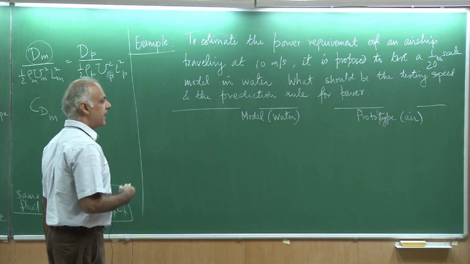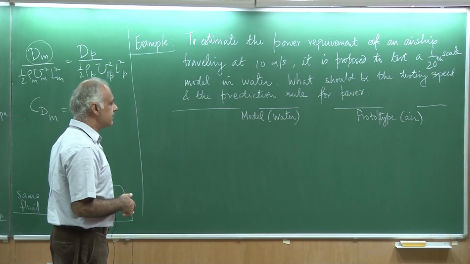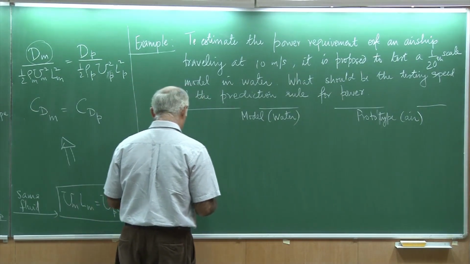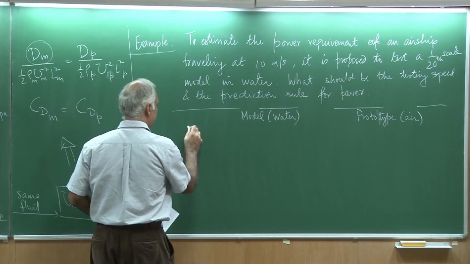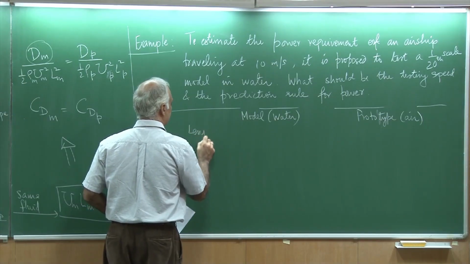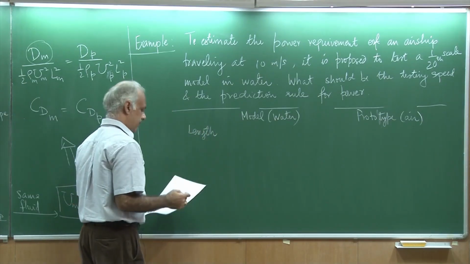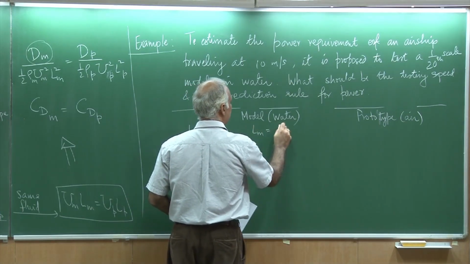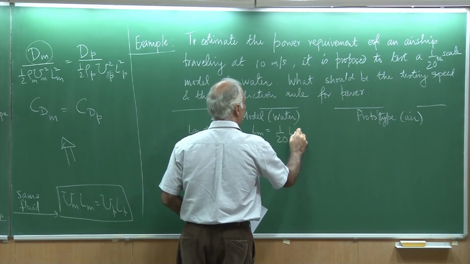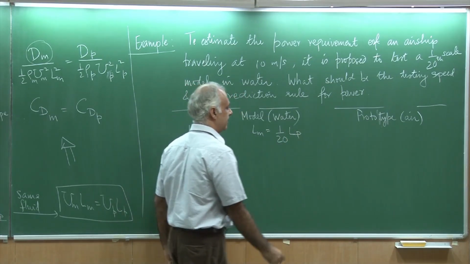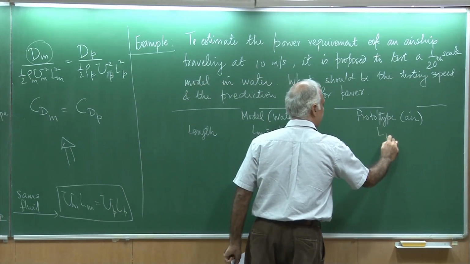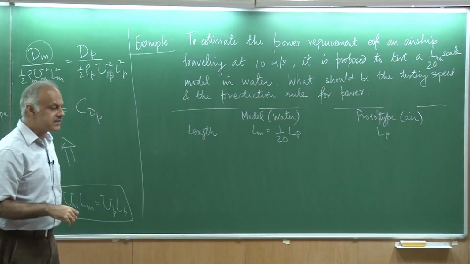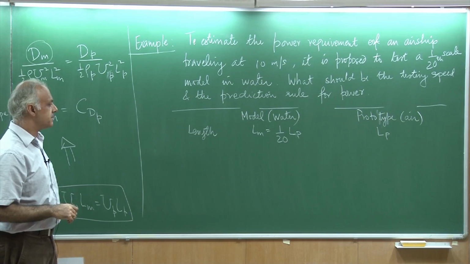So let us list the parameters and then it will help us in doing the analysis. The length, for example: the model has a length Lm which is going to be 1/20th of the prototype. So I am simply going to write that the length of the prototype is Lp. We have not been told what is the length of the prototype.